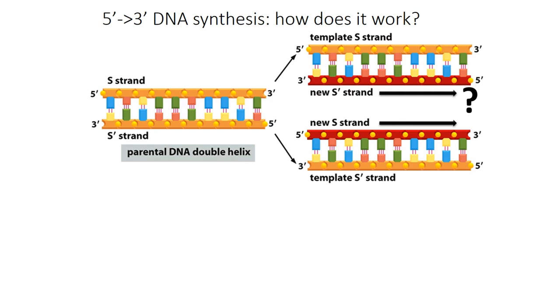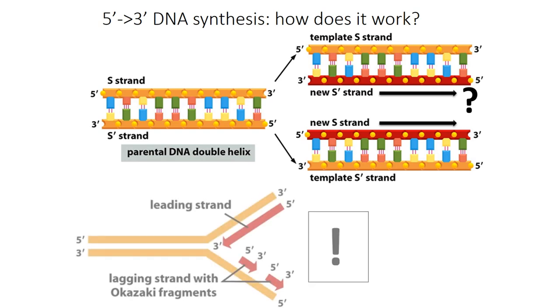Well, it turns out, as always, it has an ingenious solution. It synthesizes the so-called leading strand in a straightforward fashion and deals with the wrong directionality in a way that it still synthesizes in the right direction, but instead of going through, it makes small so-called Okazaki fragments and stitches them together at the very end.